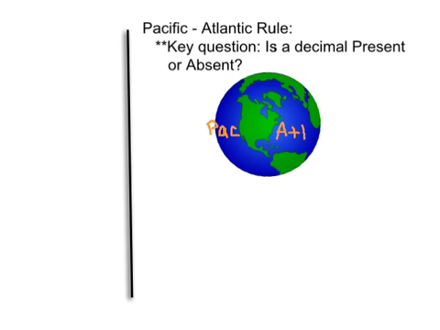Is the decimal place present? See, there's a P there. That's important. Present or absent. Present and absent have the P and the A from Pacific and Atlantic. So we're going to keep that in mind as we go through this rule.